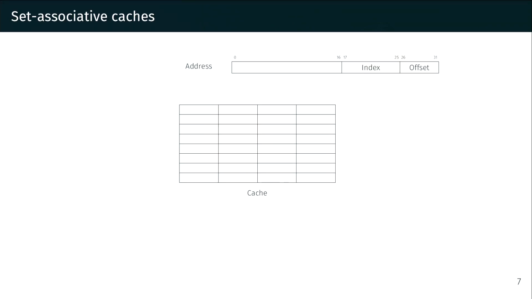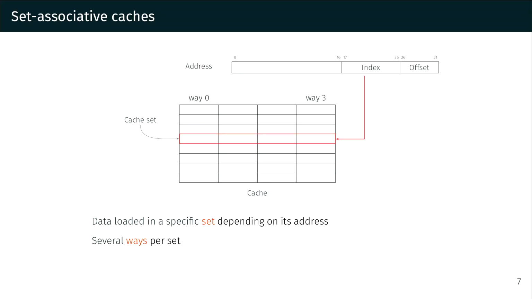Today we mostly have set associative caches. What it means is that data is loaded in a specific set, and that depends only on its address. Some bits of the address give us the index, and say, okay, the line is going to be loaded in this cache set. Then we have several ways per set, here 4 ways.